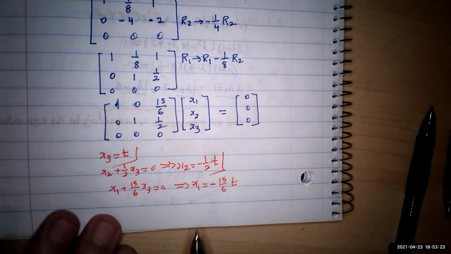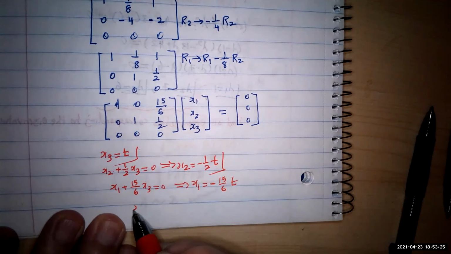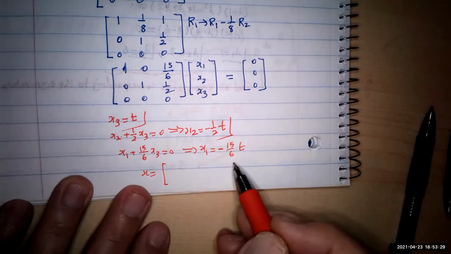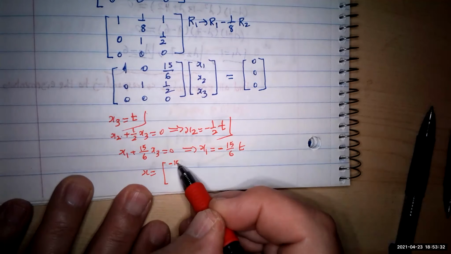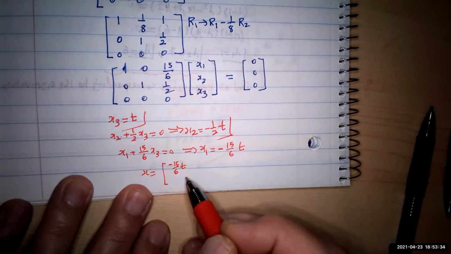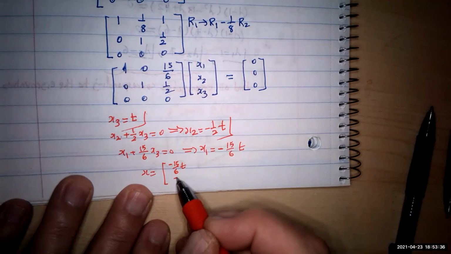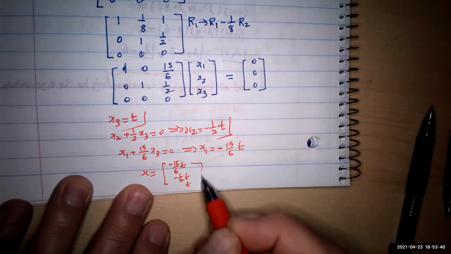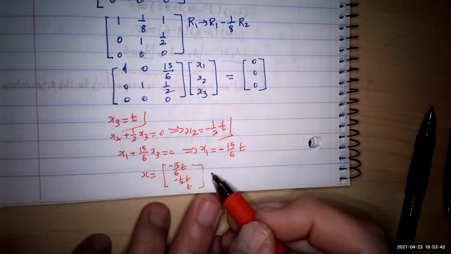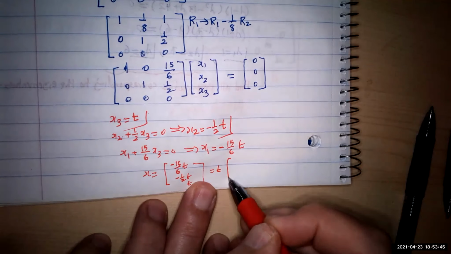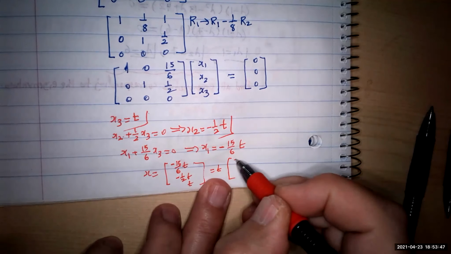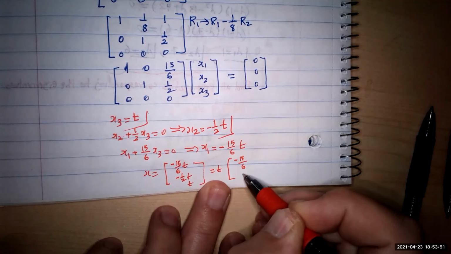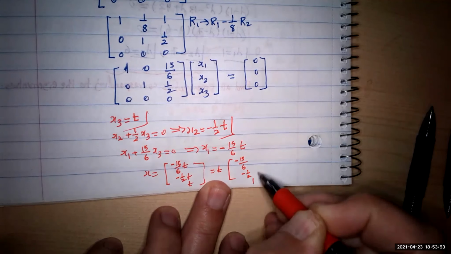So what we do is, this is going to be our vector. The vector x1 is negative 15 over 16 of t, and x2 is negative 1 half of t, and the last one is t. Okay, you can pull out the t and pick the leftover that we're interested in. You get infinitely many vectors, but you are going to pick only one of them.